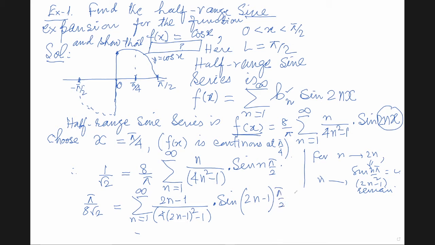And what is this? Come on. Yes, Saud. What will this be equal to? 1 over 2n minus 1. That will be 4.